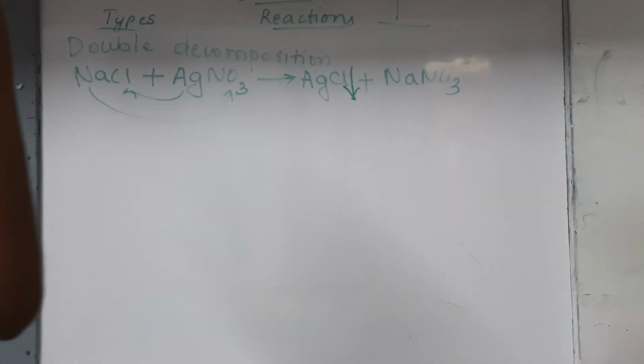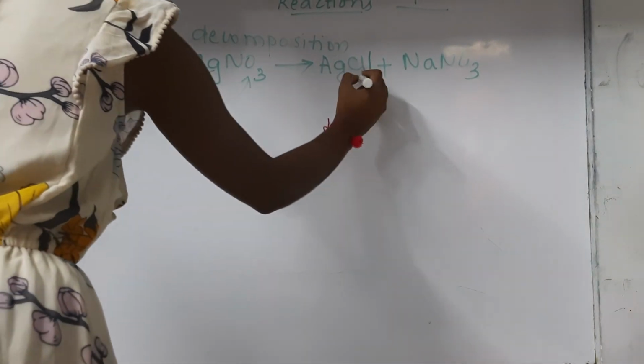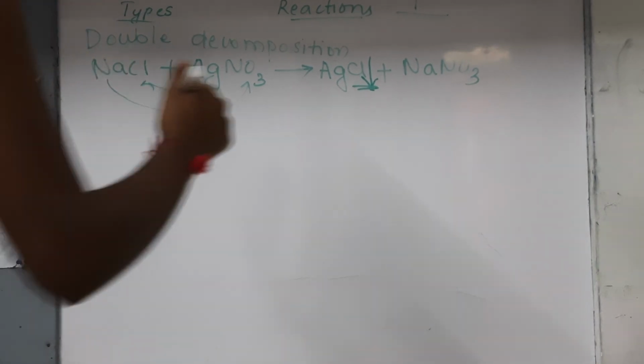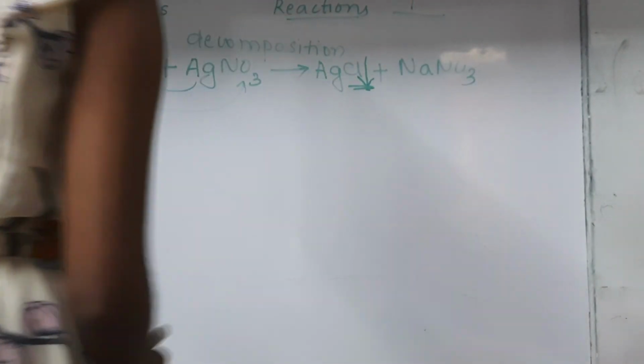Silver nitrate solution is a reagent for testing the chloride radical. So this silver nitrate is used for testing. This is Cl's reagent.